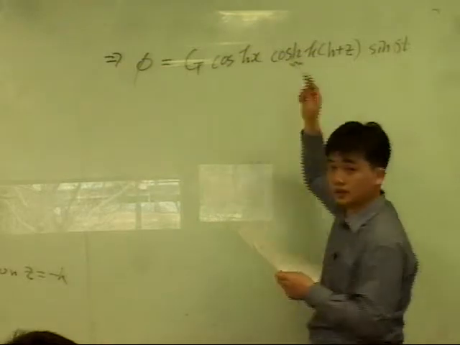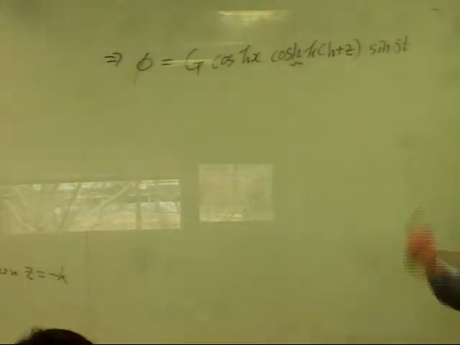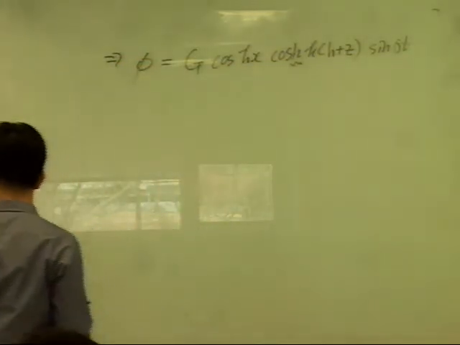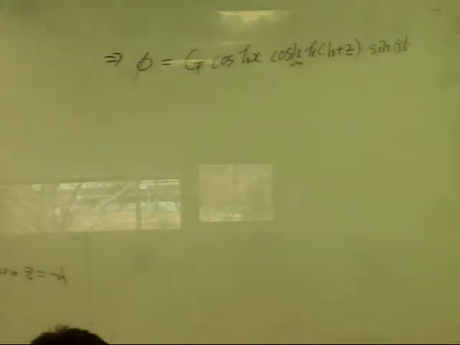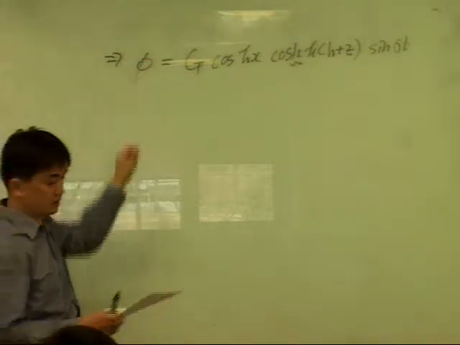Here I have h. This is another cosine, hyperbolic cosine, okay? So if you apply the bottom boundary condition, we get this equation.